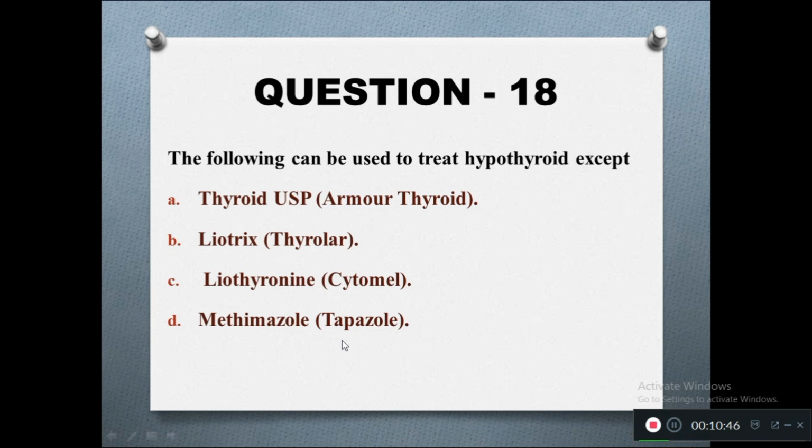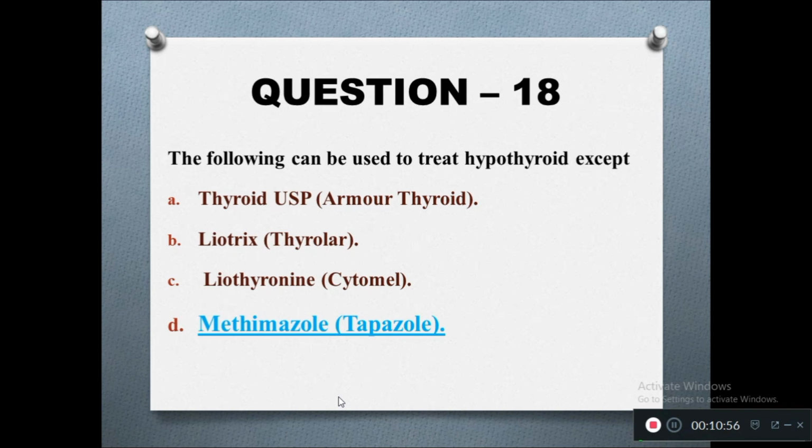It is Tapazole. So the commonly used drug which is not used in a hypothyroidism patient is methimazole. So your answer here is methimazole. Why? Methimazole reduces thyroid secretion, so we cannot give it to a hypothyroidism patient.